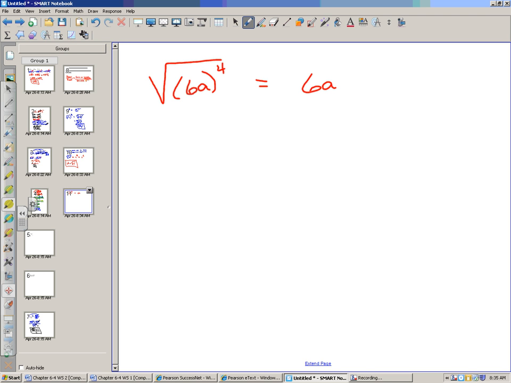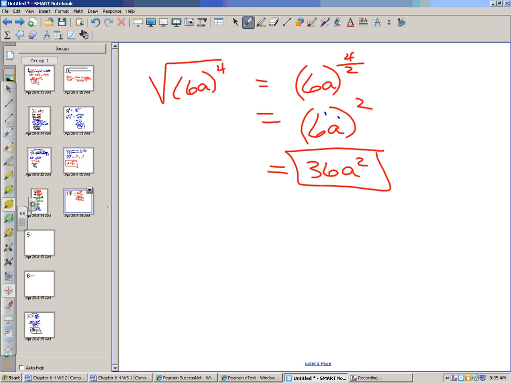Power is what? And the root is? Notice the parentheses are there? So now what is 4 divided by 2? So this is going to be 6a squared, which is actually going to be 36a squared. Do we see that?